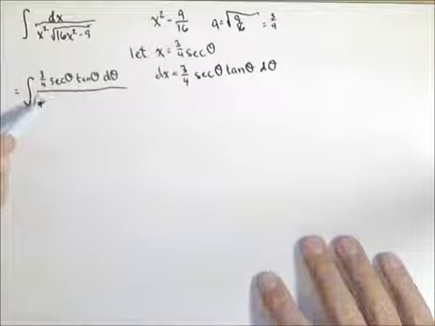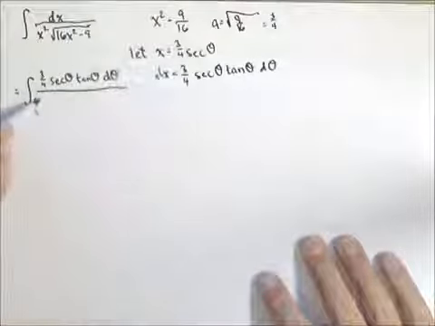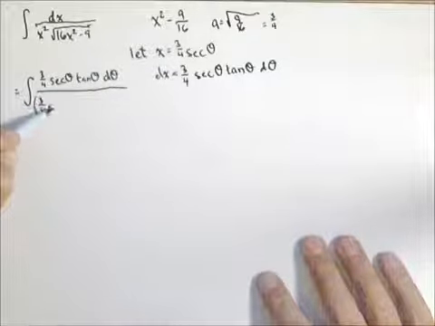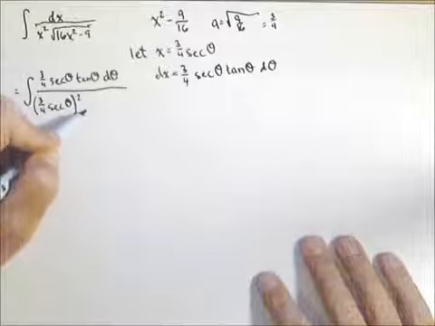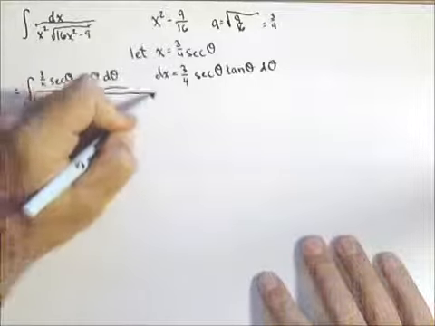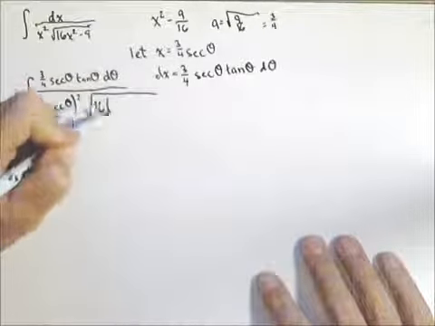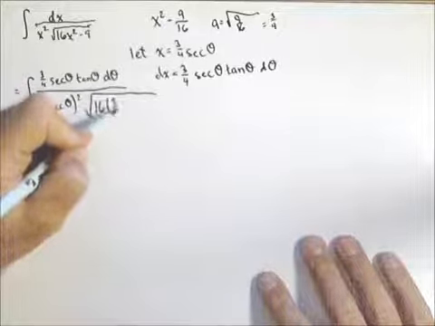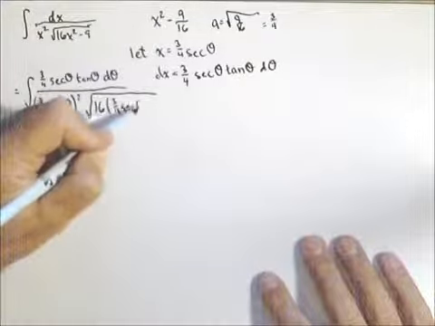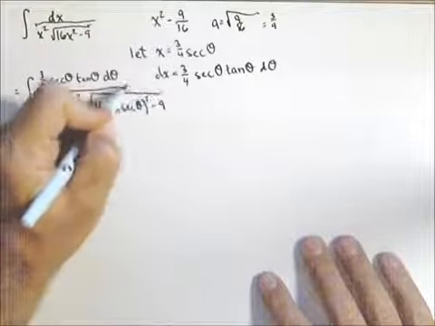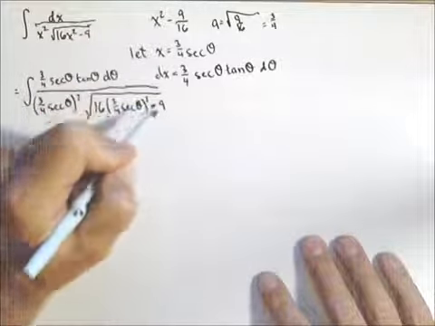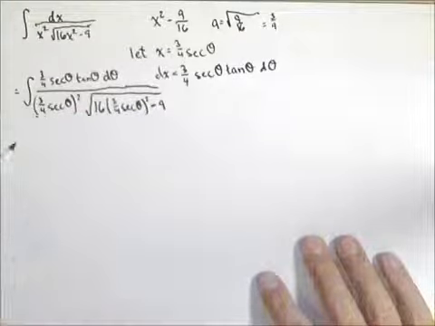Now we're going to put in x, which we said is 3/4 secant theta squared times the square root of 16 times 3/4 secant theta squared minus 9. And this will work out really nice. It's a pretty slick little substitution.